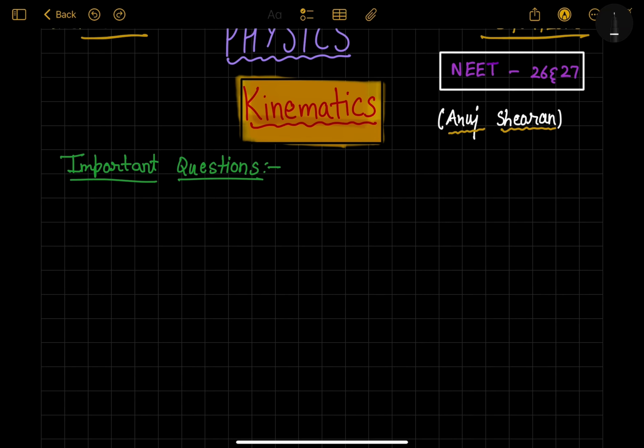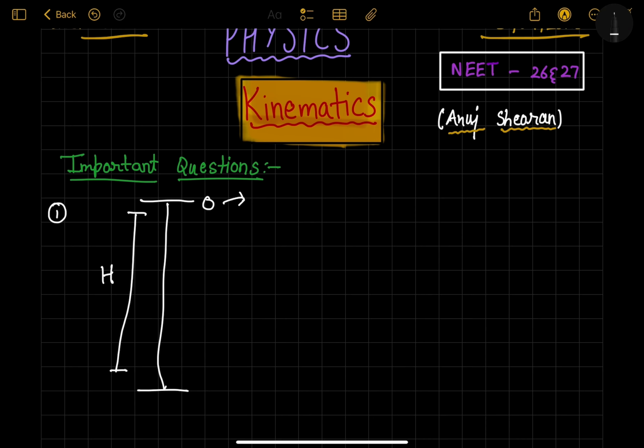Here, today, the first thing we are going to see is, suppose we drop a ball from a height h. If we are dropping the ball, its initial velocity, that's u, will be 0. So what will be its final velocity?